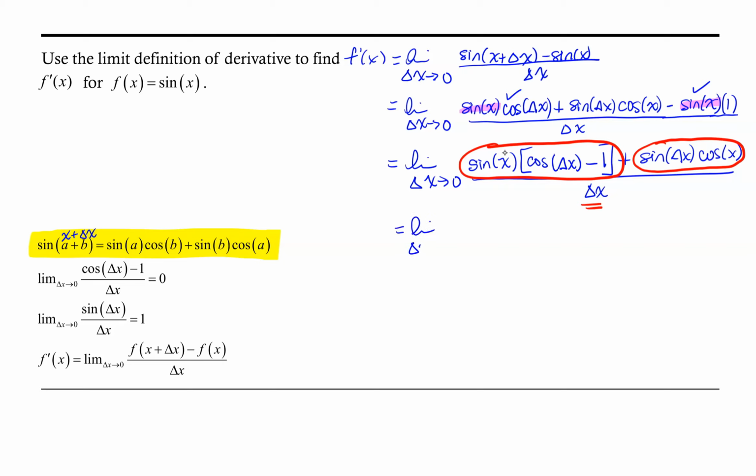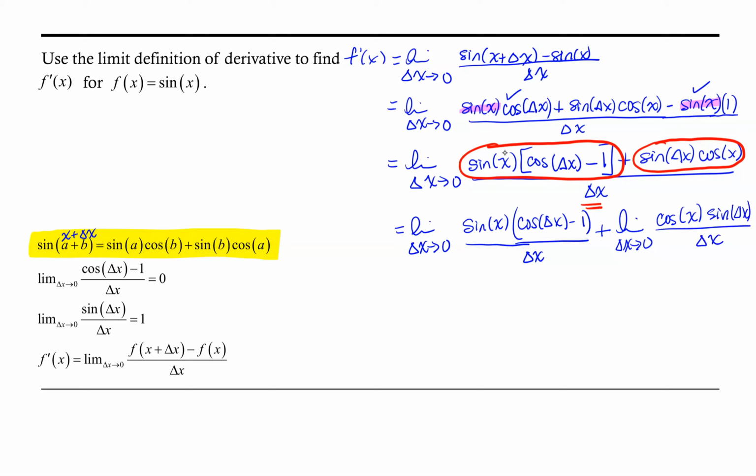The limit as delta x goes to 0 of sine of x times cosine of delta x minus 1 all over delta x, plus the limit as delta x goes to 0 of cosine of x times sine of delta x all over delta x.